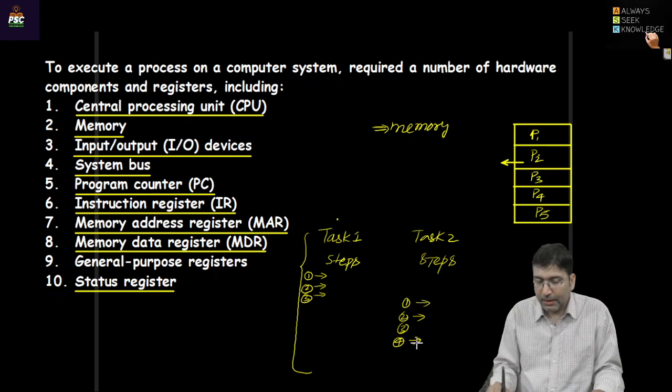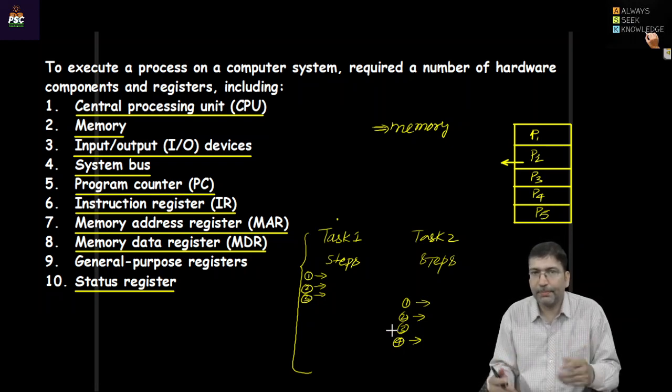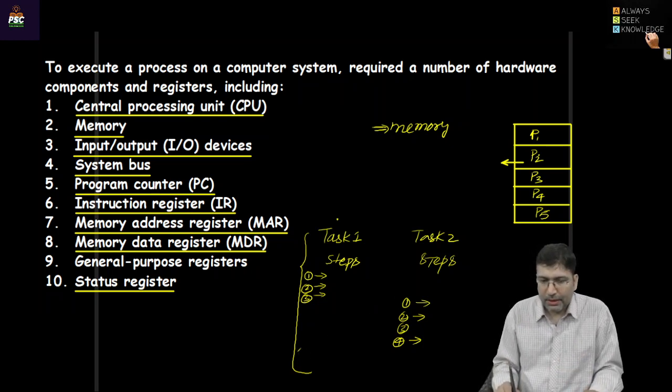So I need to store a record of up to which particular step I have executed each task, if I am just a kind of machine, not a human being. So let's say I start executing step 4 of task 1, then 5, and so on.